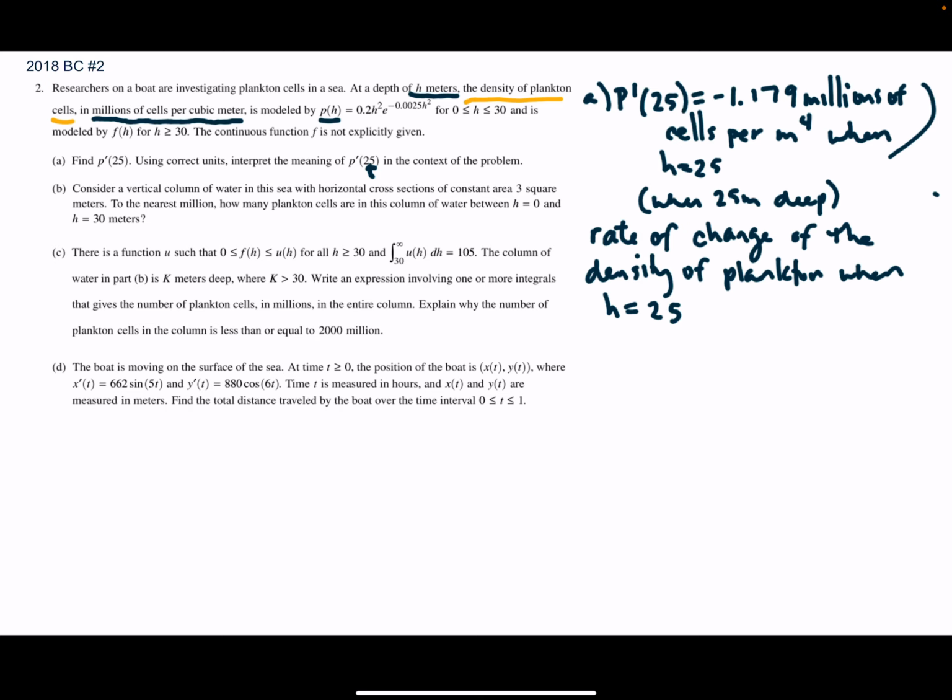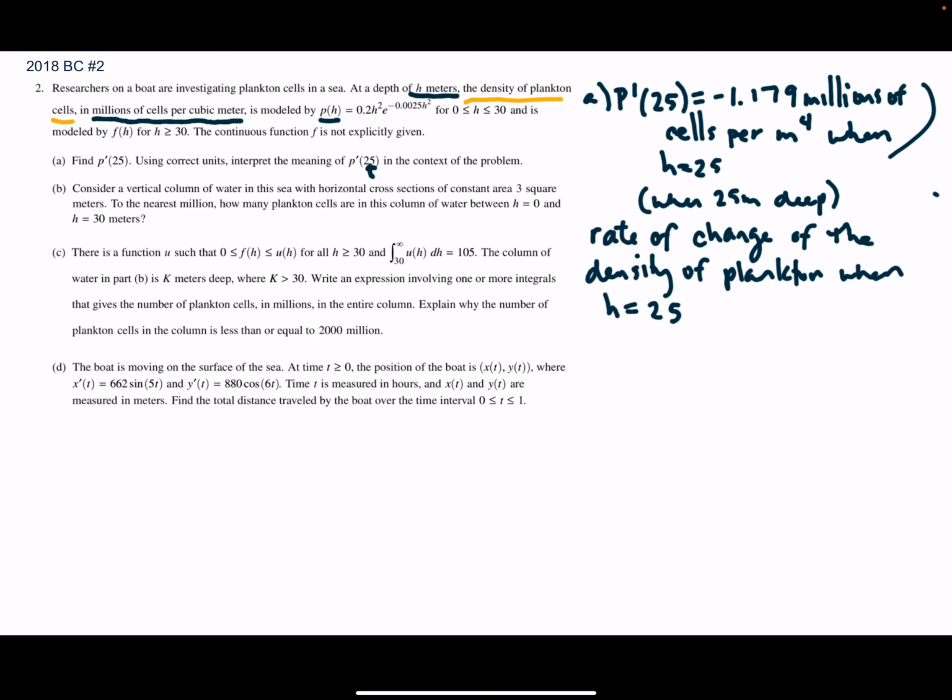Again, it feels super awkward because we don't understand what the density of plankton means. We don't like the units on this, but I took a derivative. It's a rate of change. What is it the rate of change of? P of H. What is P of H? It's the density of plankton cells. So you don't have to reinvent the wheel. You just have to rely on what we know.